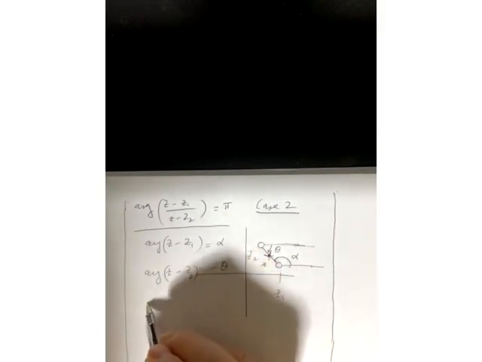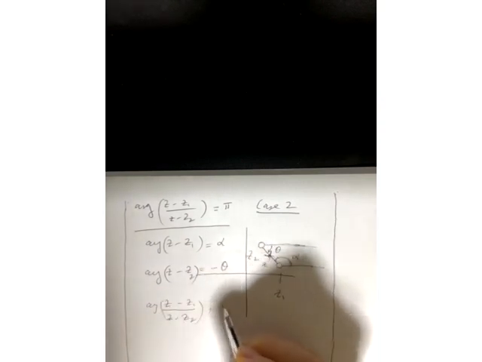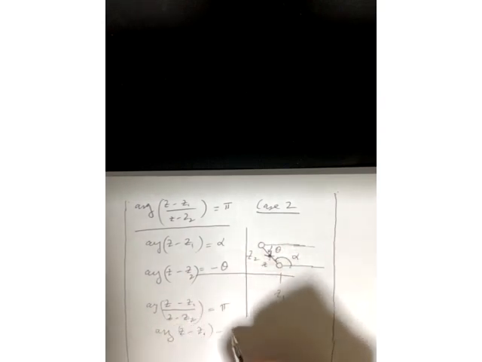And so if you have arc of (z minus z1) over (z minus z2) equals pi, that actually means arc of z minus z1 minus arc of z minus z2, because the arc of a division is the difference between the arguments. That's one of the properties of complex numbers.